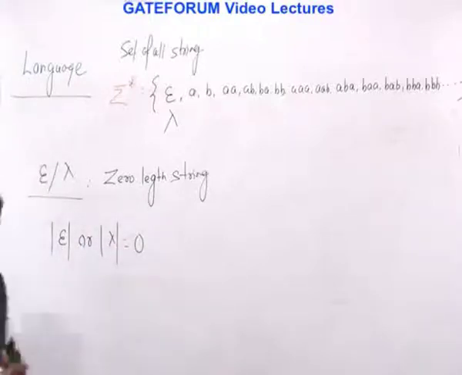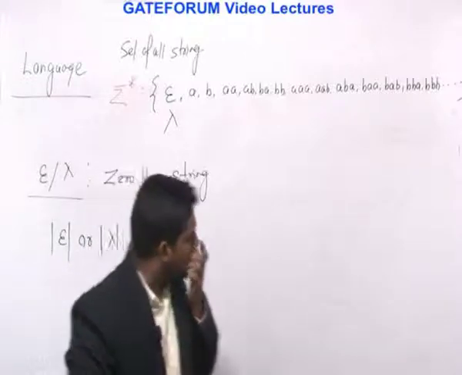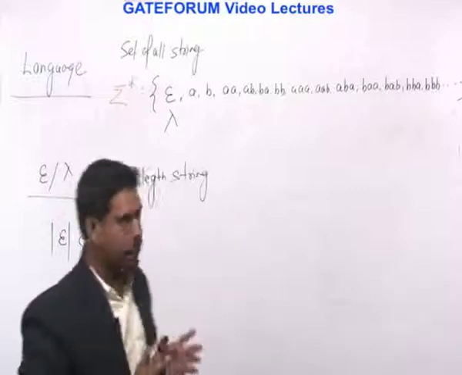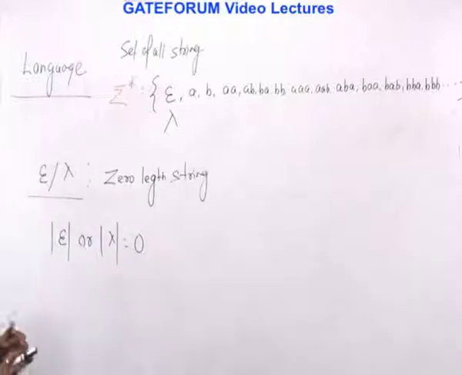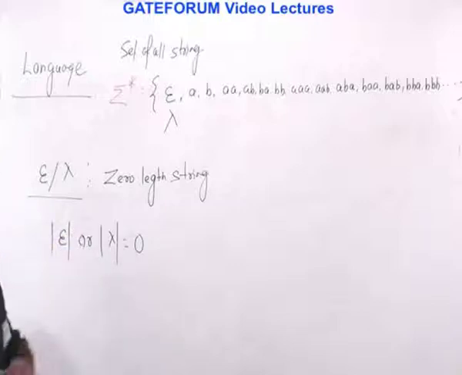Now you will be mixing it up with phi. Later also you will mix up phi and lambda. That is the most common behavior of students. Phi is a set, and epsilon is a string.